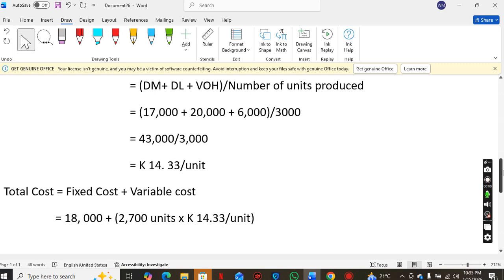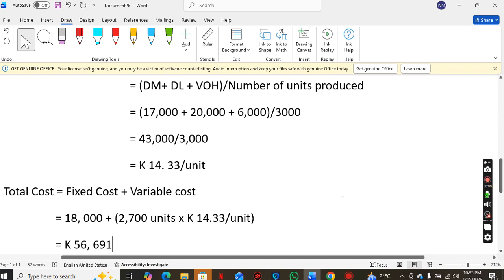So 2,700 multiplied by 14.33, we get 38,691. Plus 18,000, we get 56,691. That's how much it's going to cost us to produce 2,700 units.